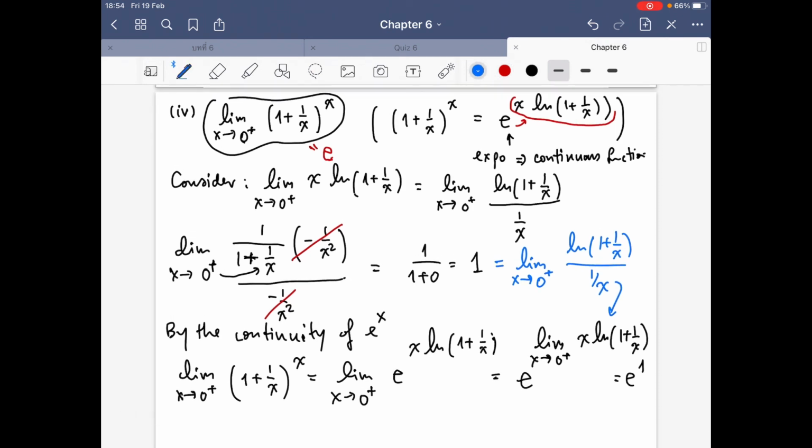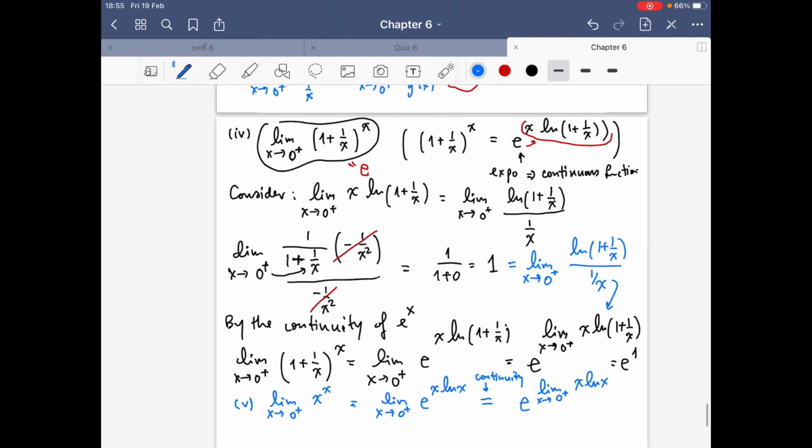So on the same token, if you look at the last problem, okay, which is the limit as x goes to 0 from the right of x raised to power x, actually this one is the same as e raised to power x log of x. Okay, so by the continuity, again you can pass your limit into the exponent.